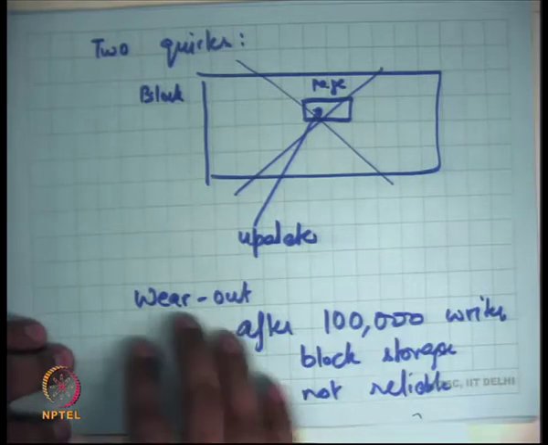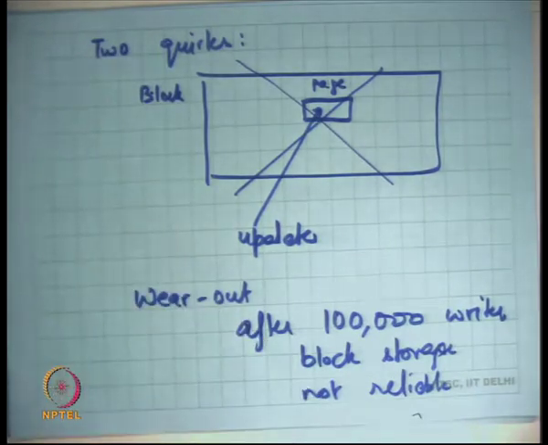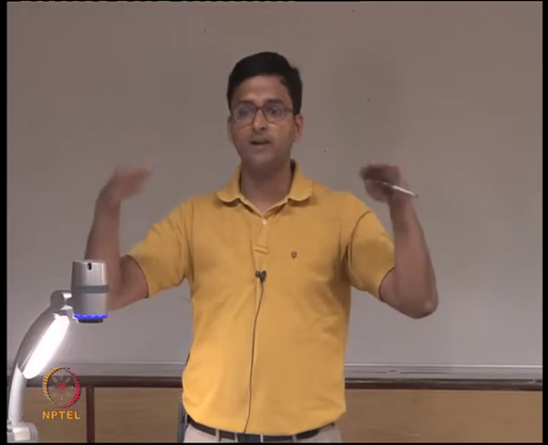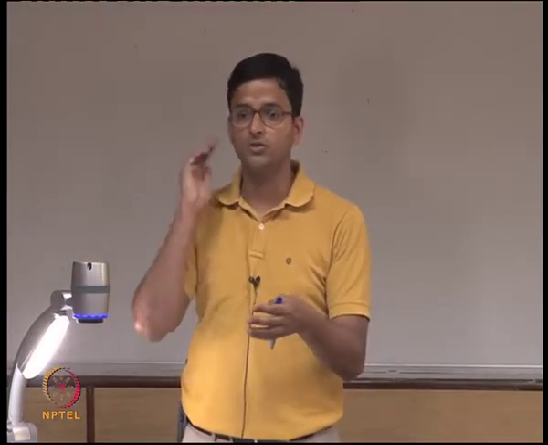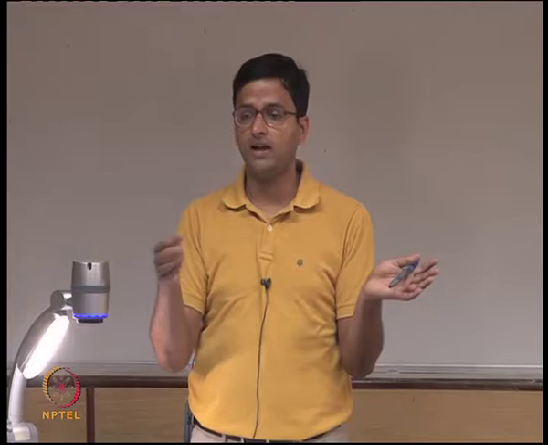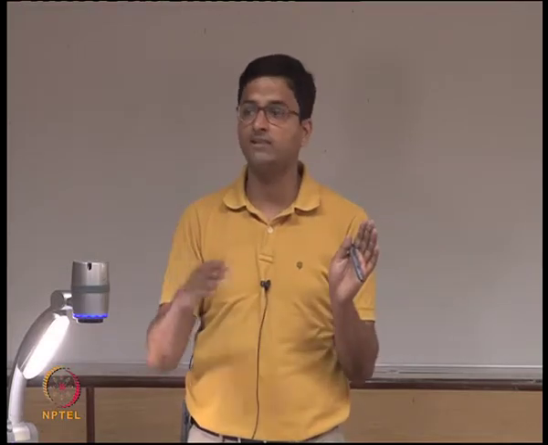So for example, for wear out, you want to build some support either at the operating system level or at the hardware level to ensure that all blocks wear out at roughly the same time. In other words, there shouldn't be any hotspots in your flash storage. There shouldn't be a block that's constantly being written to, right? Because then the flash storage lasts only as long as the block that first goes wrong.